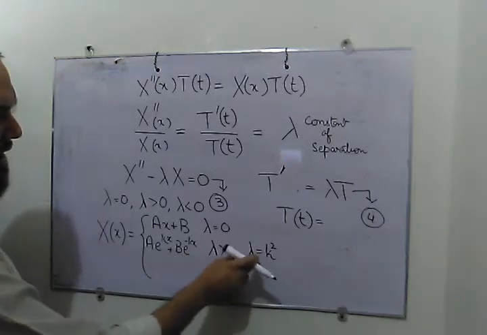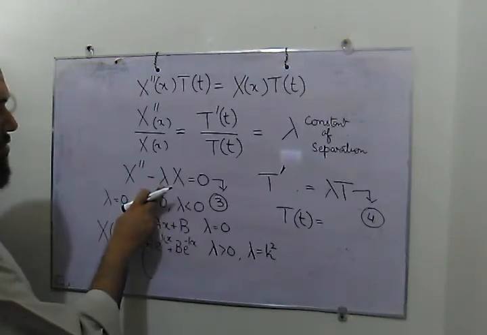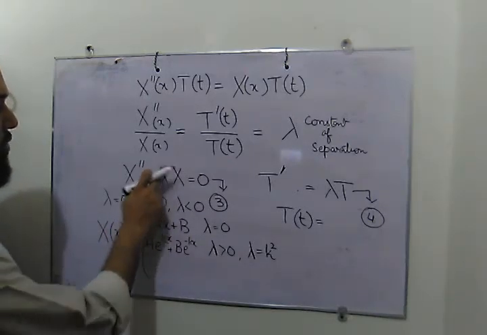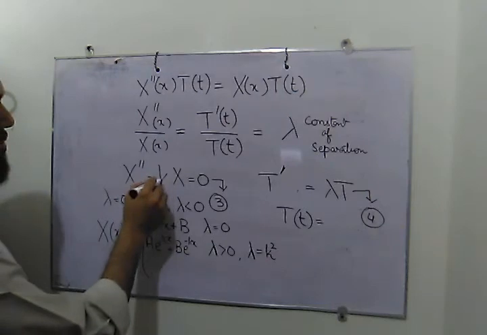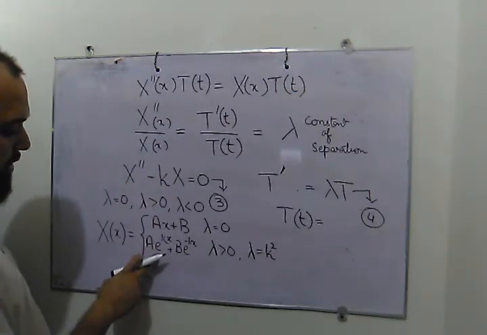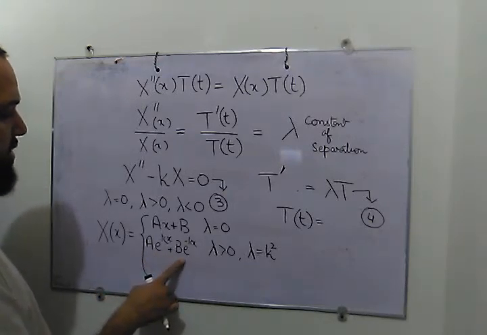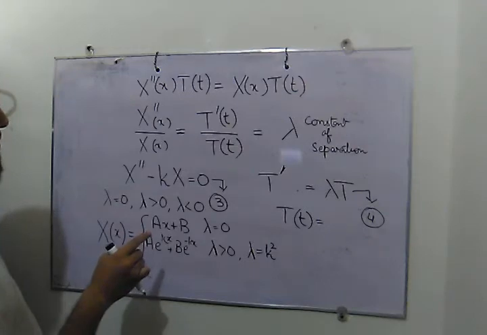So when we put lambda equal to k square, the equation will become like X double dash minus k square X is equal to 0. So the solution a exponential kx plus b exponential minus kx will satisfy this equation.